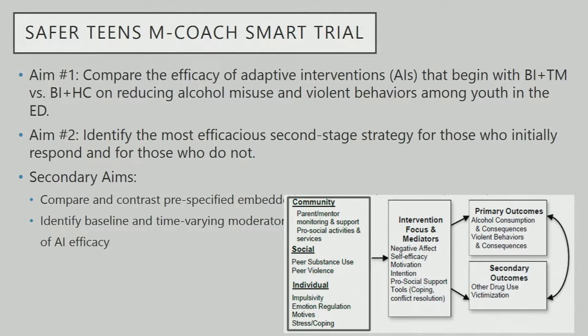And aim 2 of the study is to look at the best second stage strategy, which I'll show you in a minute here, for those who respond and don't respond at the 4-week time period. And the secondary aims build on the embedded aims of the SMART trial, as well as looking at baseline and time varying moderators of the adaptive strategy effectiveness.